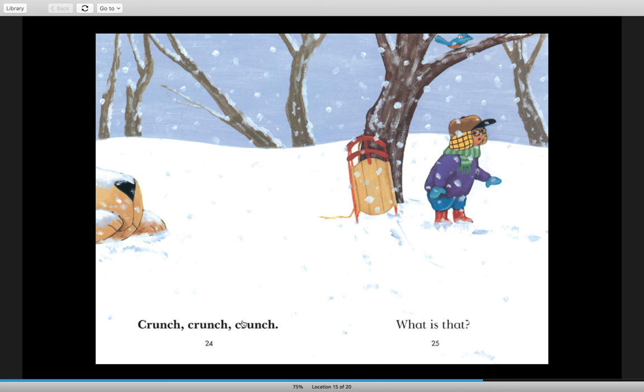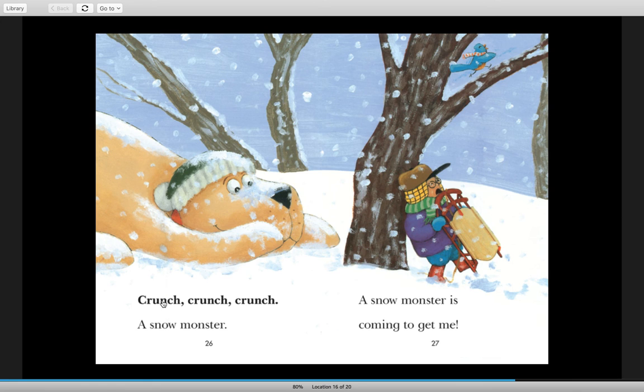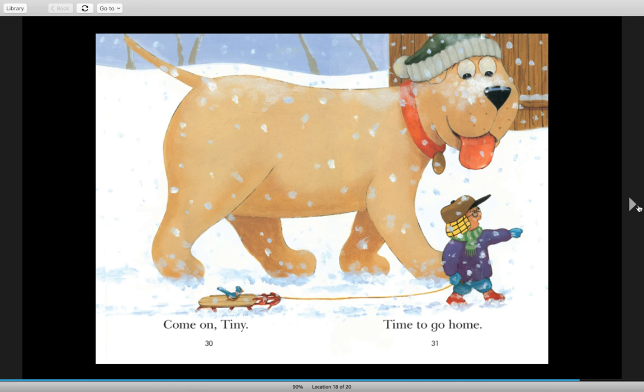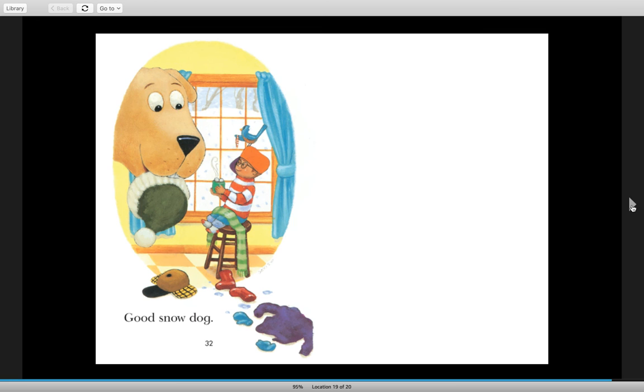Crunch, crunch, crunch. What is that? A snow monster. A snow monster is coming to get me. Slurp. It is Tiny. Tiny is the snow monster. Come on, Tiny. Time to go home. Good snow dog.